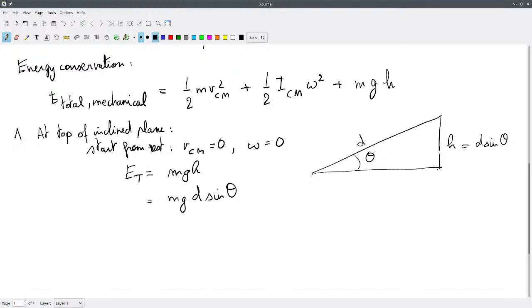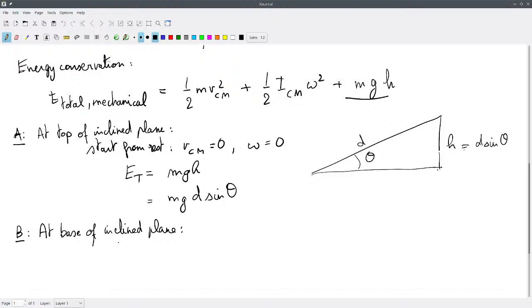So we've sometimes called this condition A, and then B will be at the bottom, at the base of the inclined plane. So now we're not at rest anymore, but we have zero gravitational potential energy.